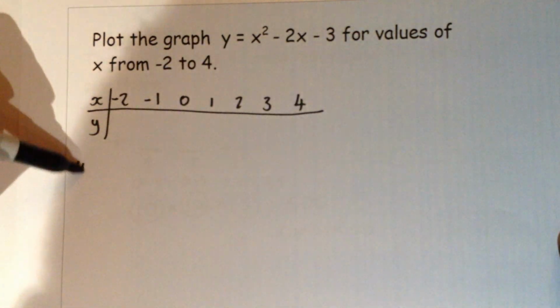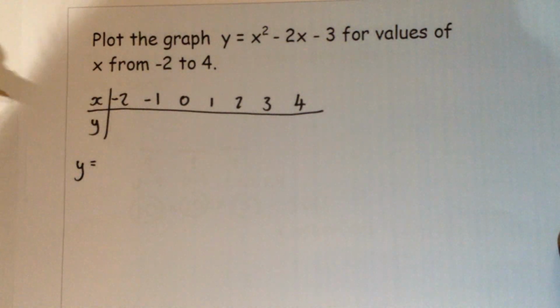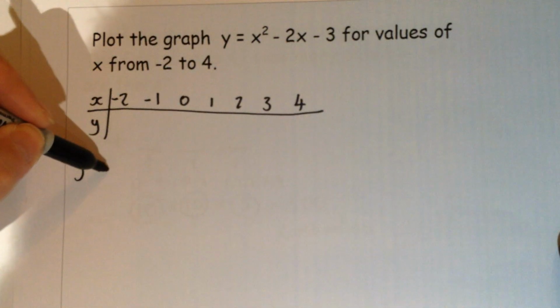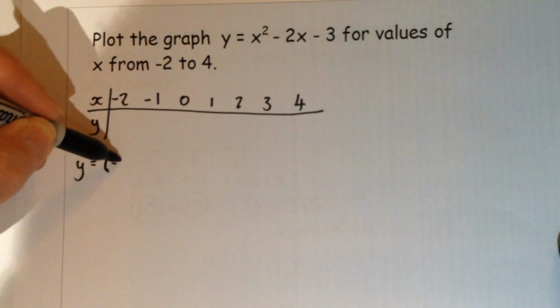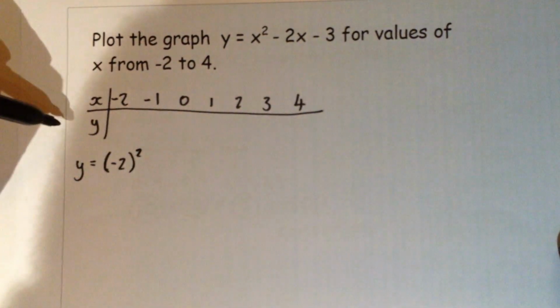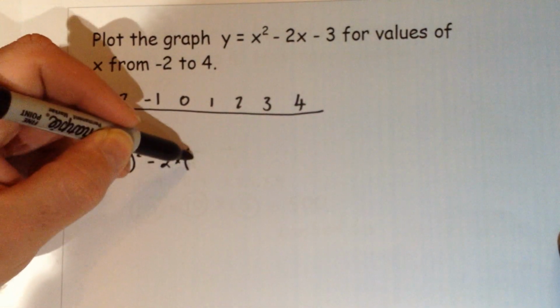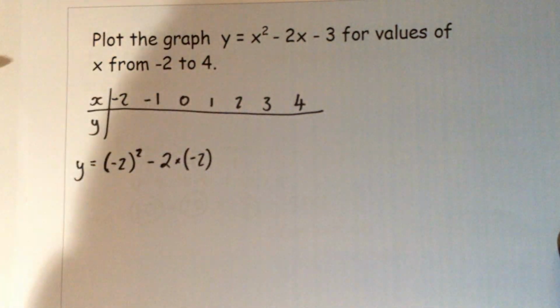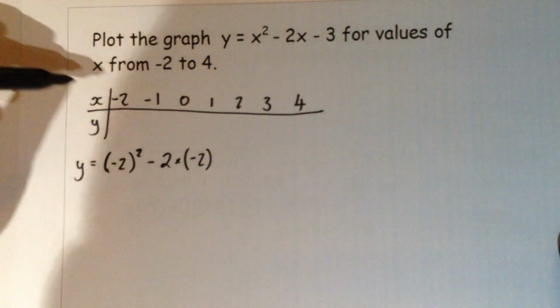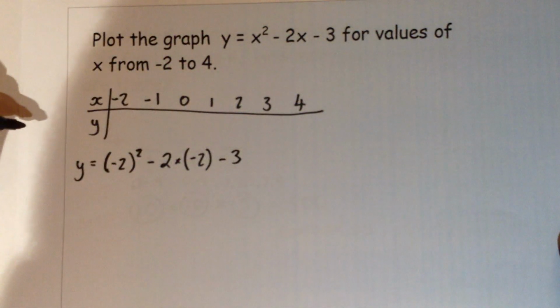So we would get that y is equal to, now because I'm doing this on a calculator, they aren't that intelligent, they do need to be programmed fully into what you're doing. I would put the little -2 into brackets and then square it. Take away 2 lots, again because it's a negative number, I'm going to put the little -2 in brackets, and then it says take away 3, so I'd take 3 away.